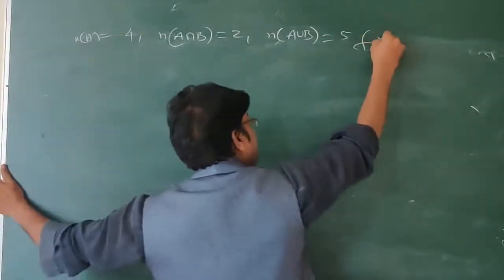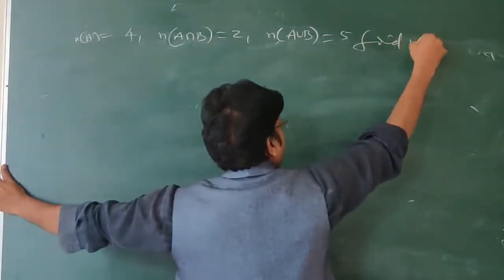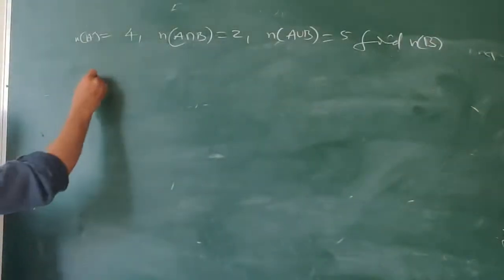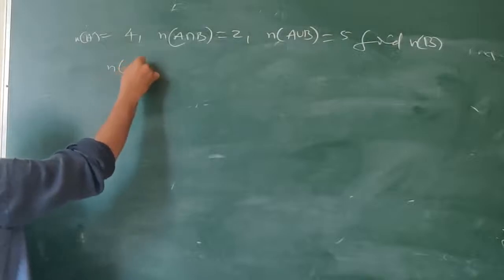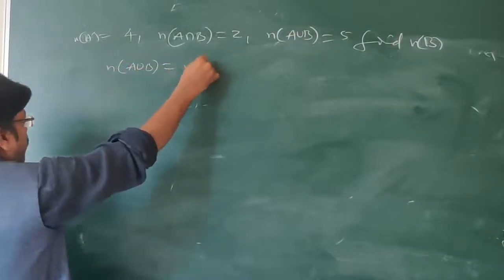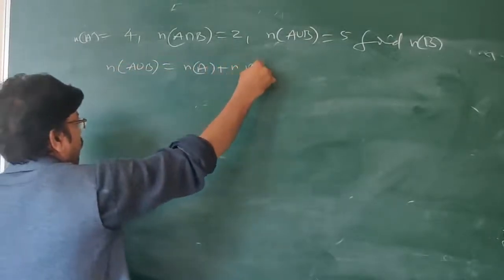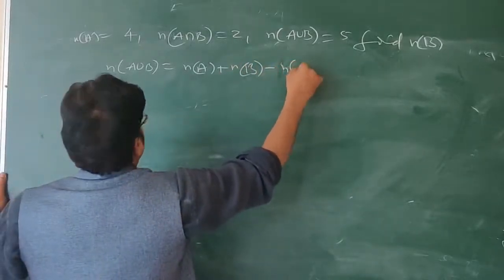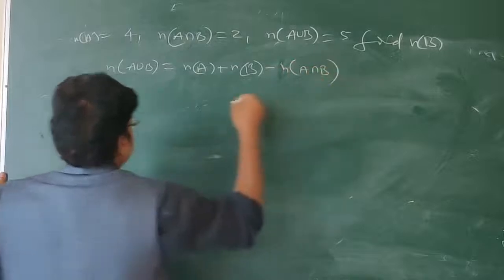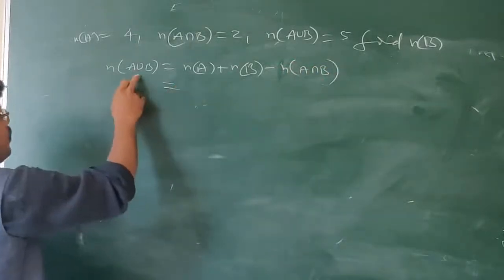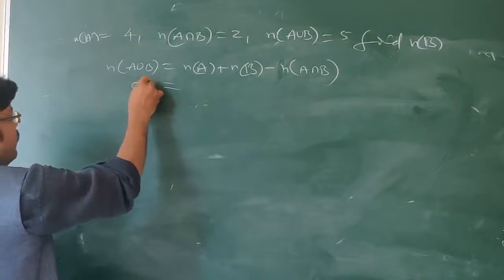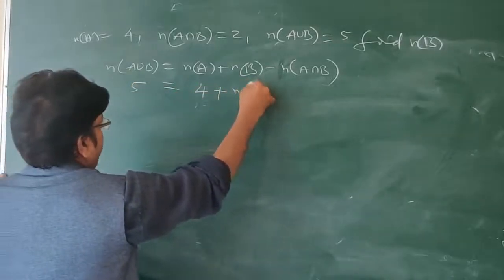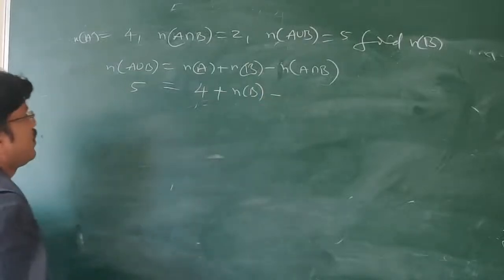Find n of B. Now write the formula. n of A union B equals n of A plus n of B minus n of A intersection B. Now substitute. n of A union B is 5, n of A is 4, n of B we don't know, find out. Minus n of A intersection B is 2.